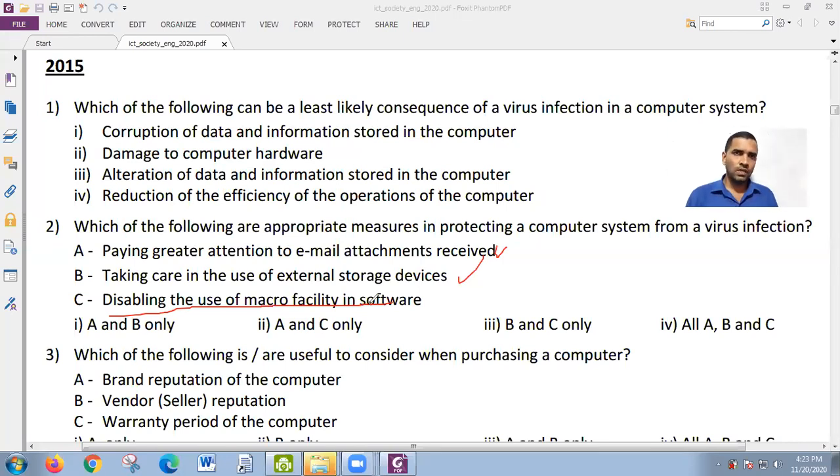But unfortunately, some of the viruses may come to your computer if your macro is enabled, right? If your macro is enabled in your computer, they can easily attach to macro and they can do some bad things. Even they can spread from one application to another.